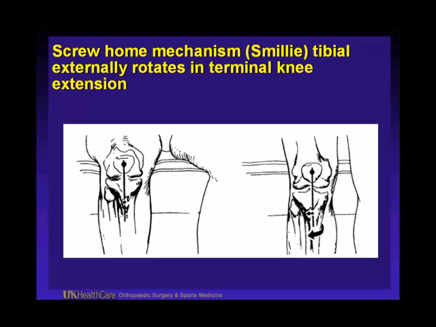The screw-home mechanism, as described by Smillie, is that the tibia externally rotates in terminal knee extension. And this is important for normal anatomy of total joints. We do want some rotation involved in the joint.